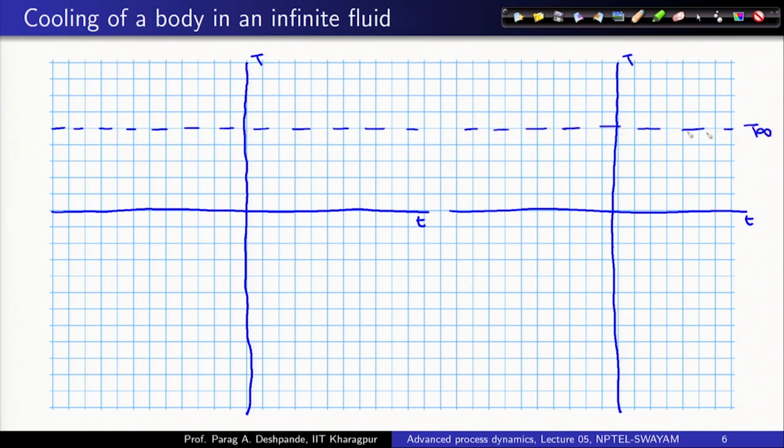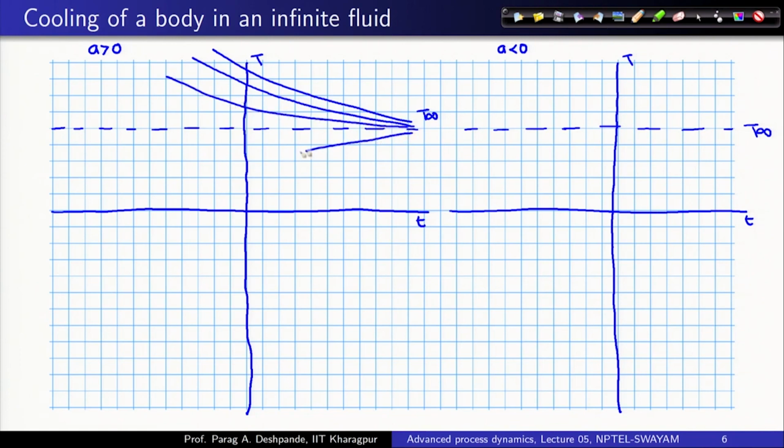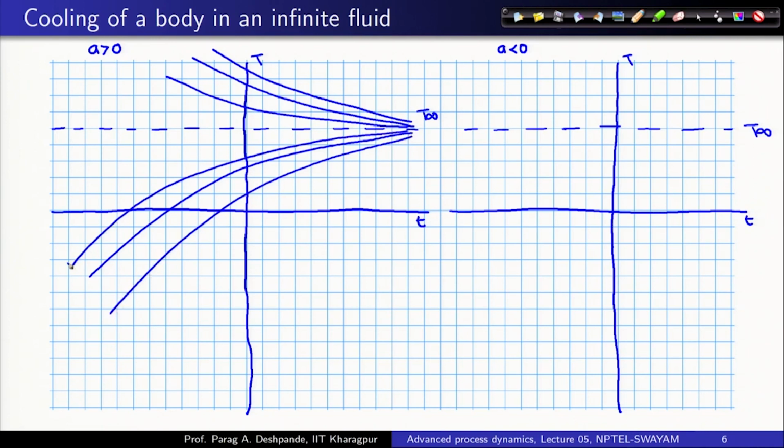So, this is T equilibrium, this is T equilibrium. Now, on the left hand side, I draw the phase portraits for a greater than 0, and on the right hand side I draw for a less than 0. Okay. So, for a greater than 0, we saw that the phase lines look like this. These were the phase lines, and for a less than 0, the phase lines look like this.